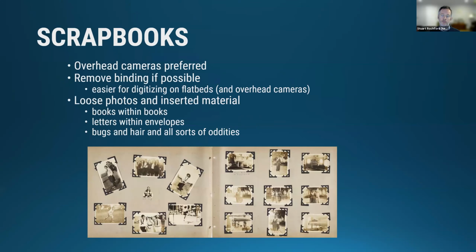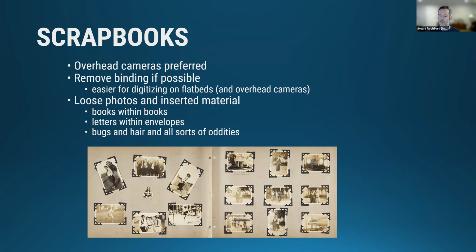Scrapbooks, a type of reflective material. I don't know if y'all have digitized scrapbooks or attempted to, but they definitely can be a thorn in the side of any digital archivist or photographer. They are tricky. The example I have down there is a full spread from one of our scrapbooks in our special collections. This is a very good example of a scrapbook.